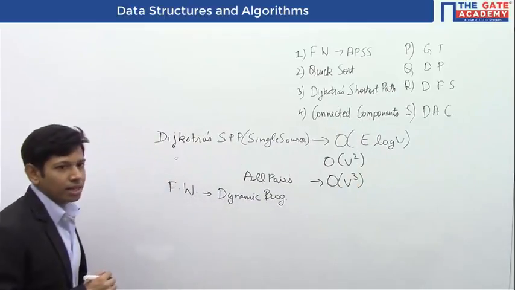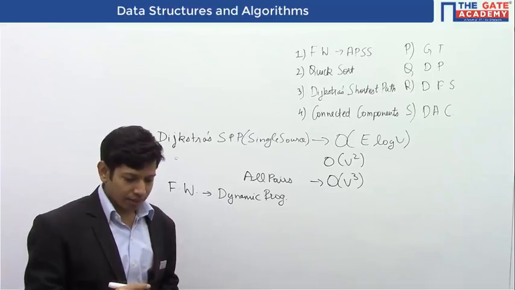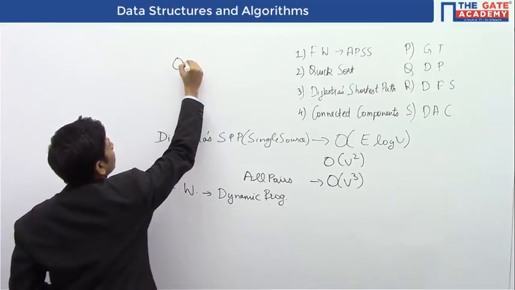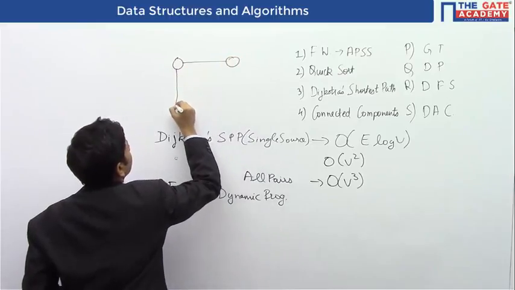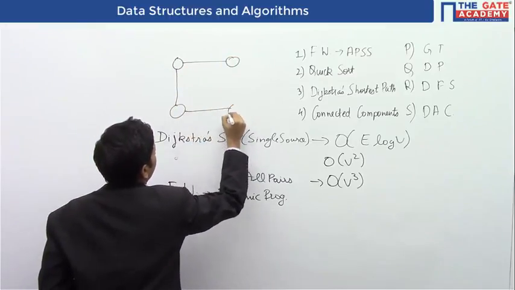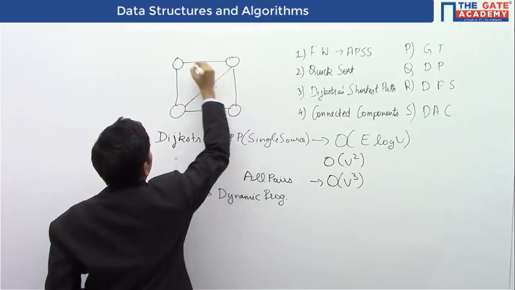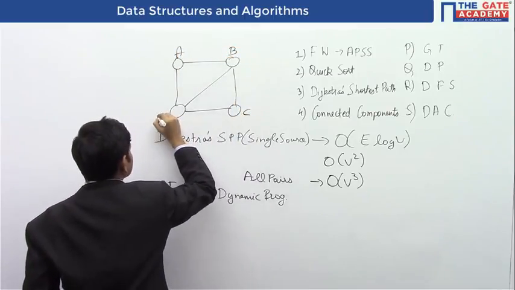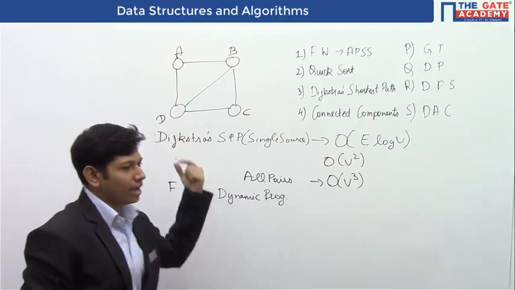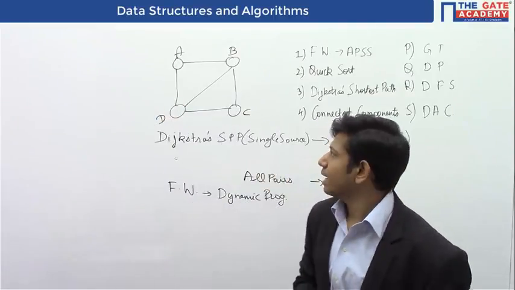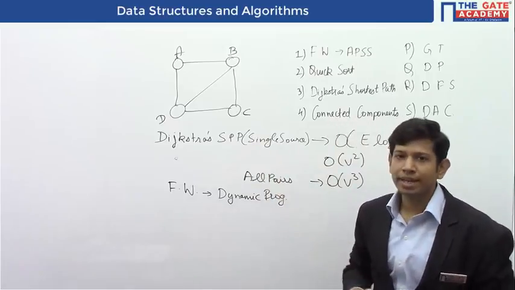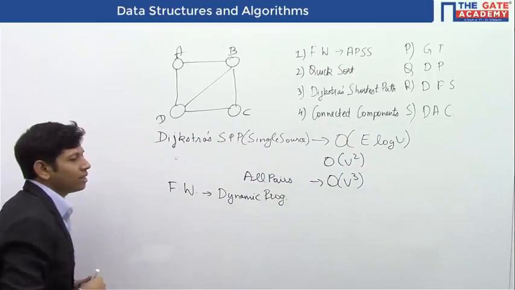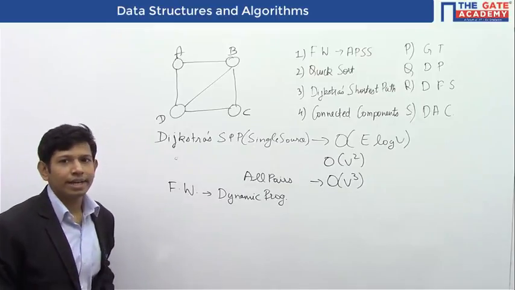For example, if we have a graph with 4 vertices, let's see this graph. Suppose we have this graph A, B, C, D, and we have some edges. So what we will do is, first we will construct a table and we will call it A0.